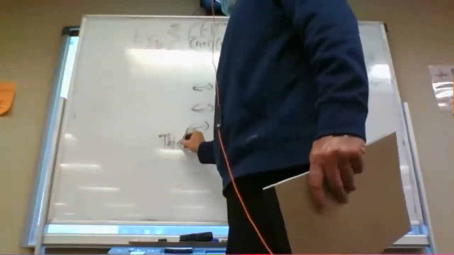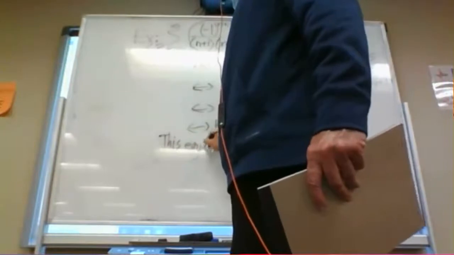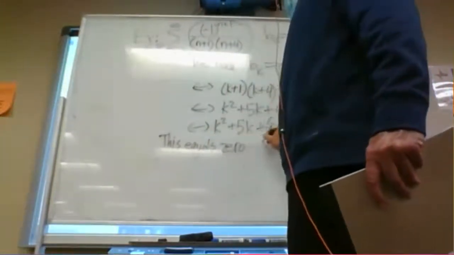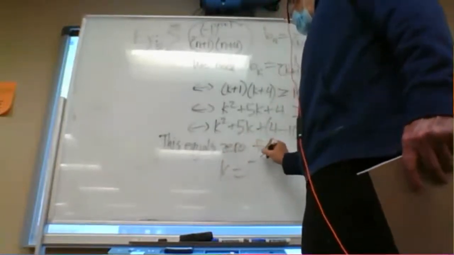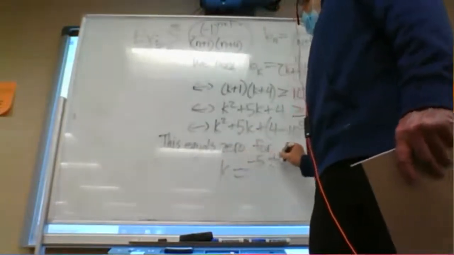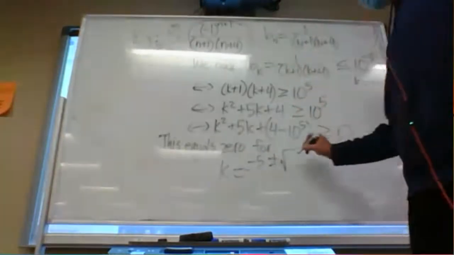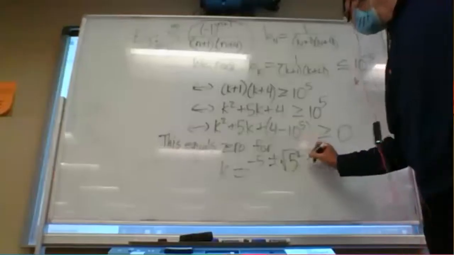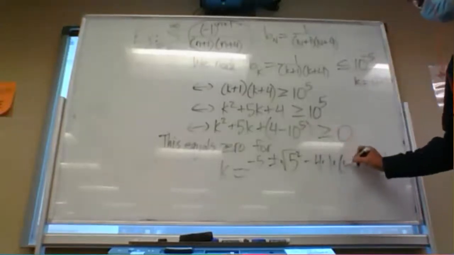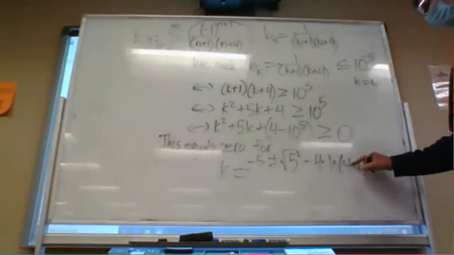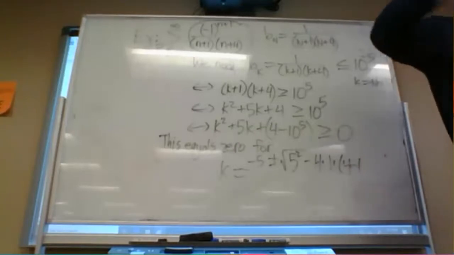So this equals 0 for, by the quadratic formula, k equals minus 5 plus or minus the square root of 5 squared minus 4 times 1 times (4 minus 10 to the 5th).